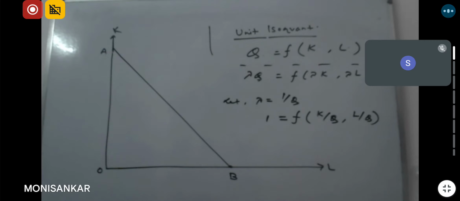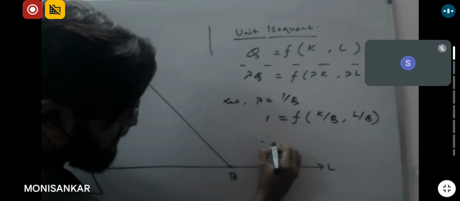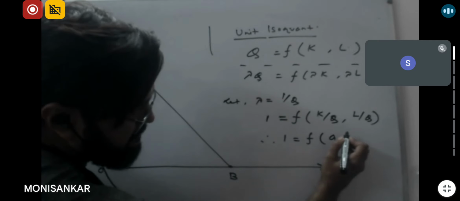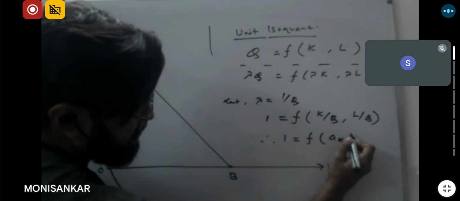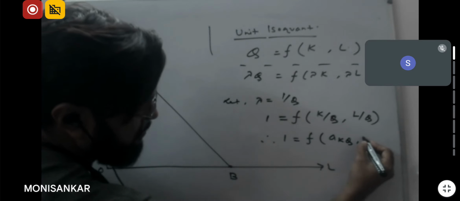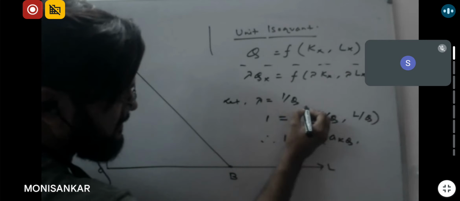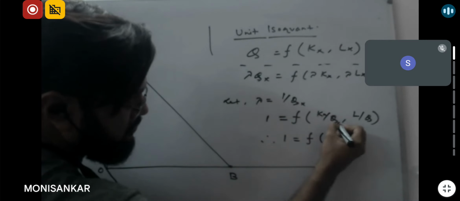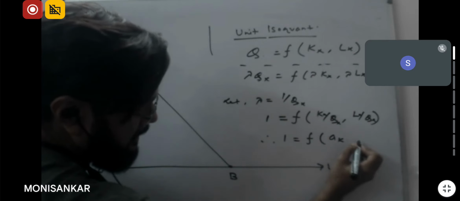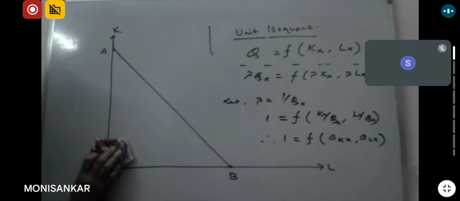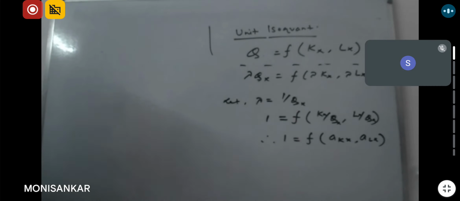So 1 is a function of akx, alx. I am writing x so that it is easier for you to understand.